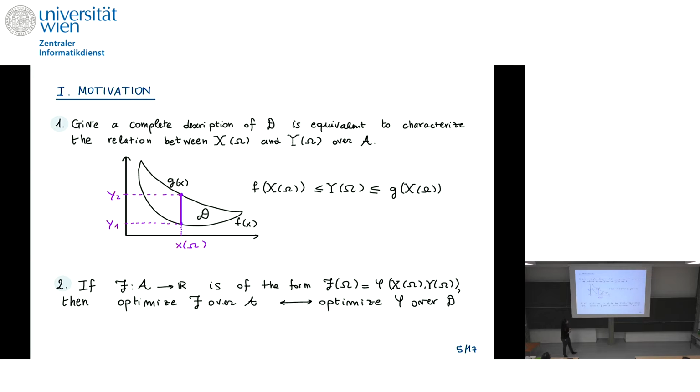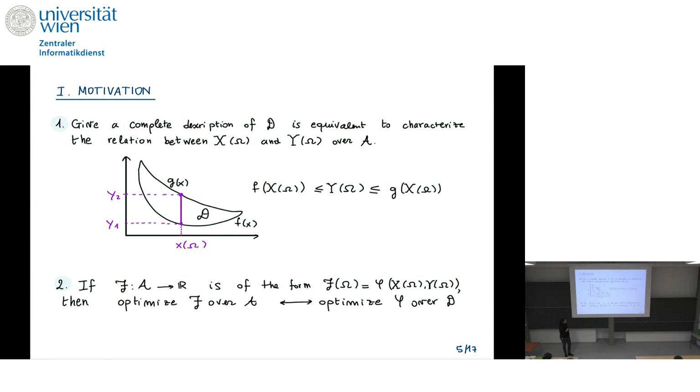Another possible motivation is the following. Assume that you have completely described the diagram. So you have made an effort to describe it. It is difficult, but once you have done this effort, now something is easier.